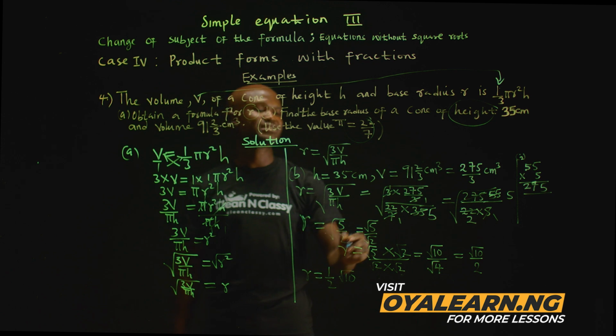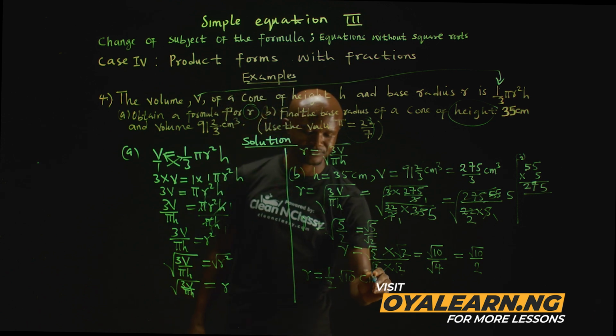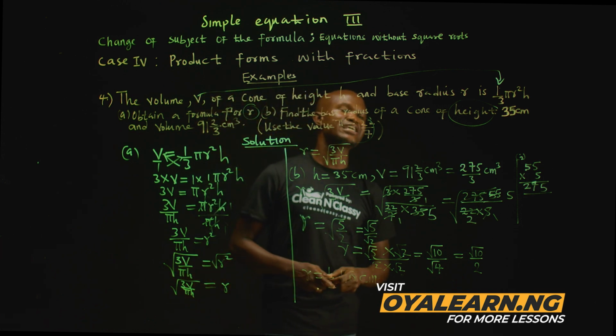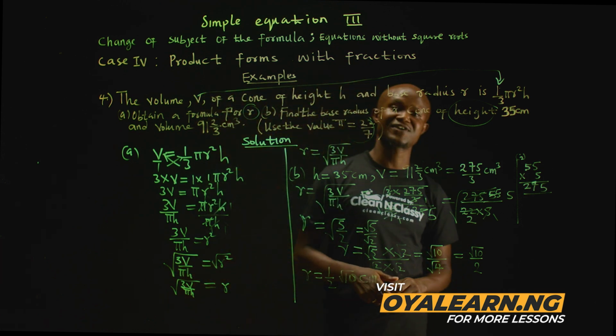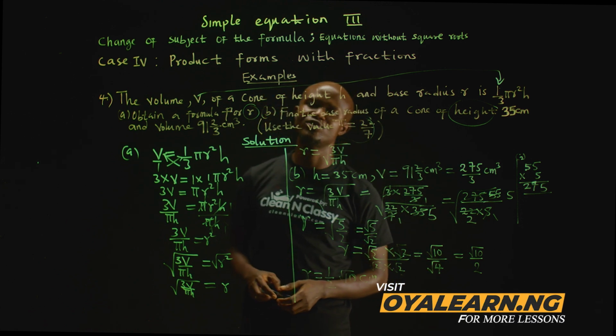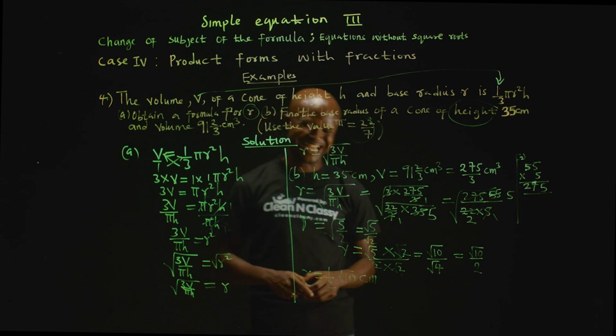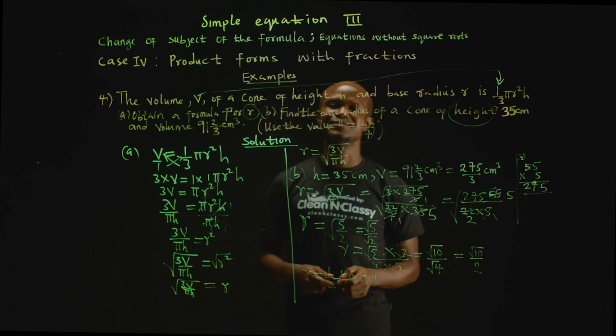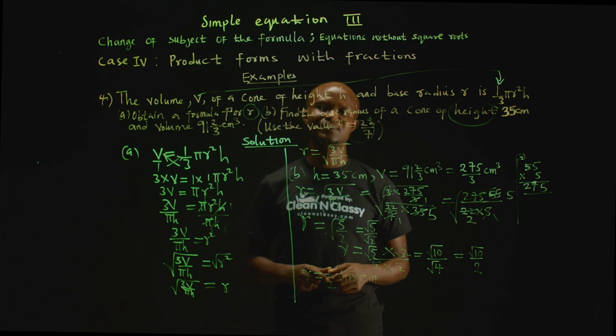And what's the unit? Centimeter. It means that when the height of the cone is 35 centimeters and the volume is 91 2/3 cubic centimeters, then the radius is half root 10 centimeters. That is the solution to the problem. Thank you.